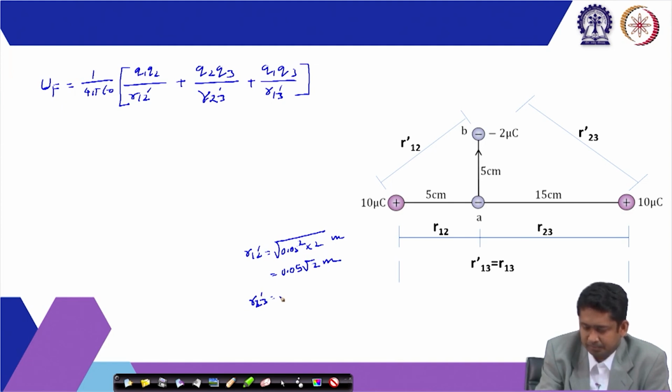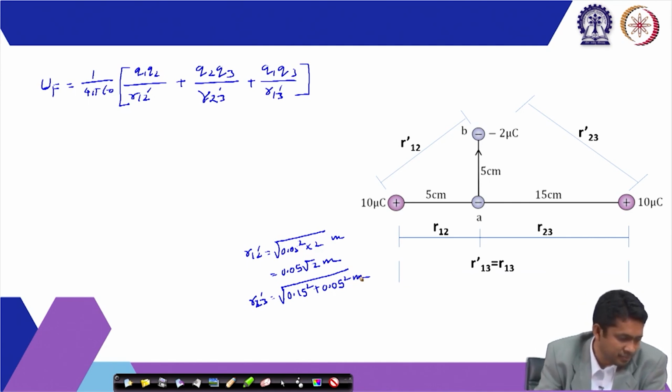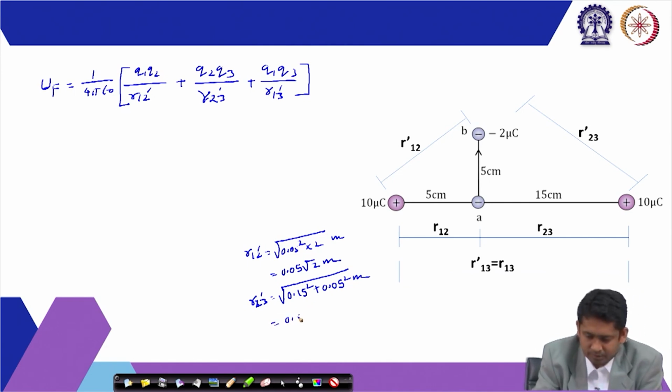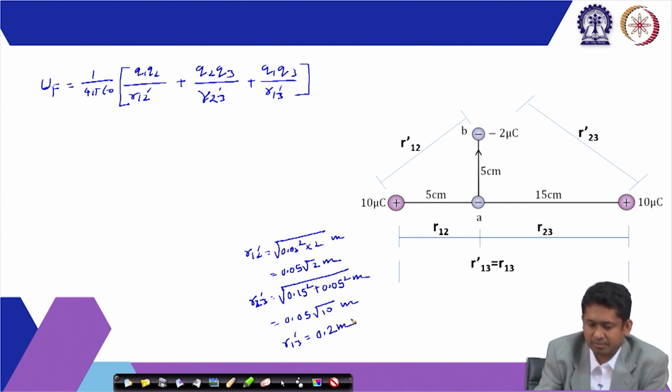R23 prime is the square of this plus the square of this, under root, and this gives a value of root over 10 meter, and R13 prime, as we know, is 0.2 meter.